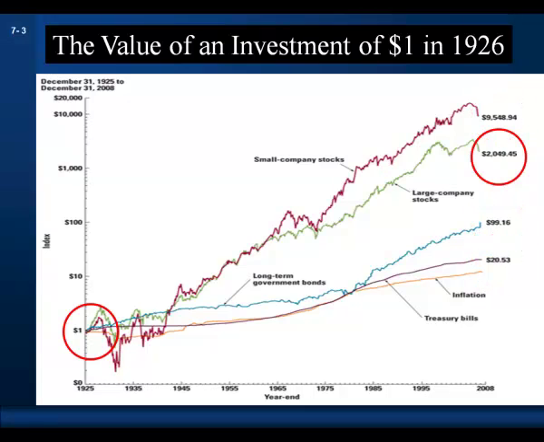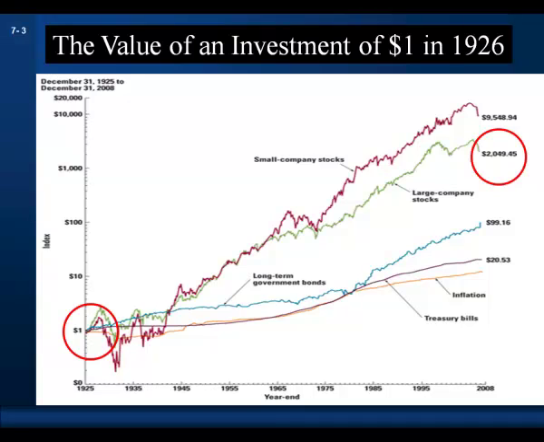If you invested $1 in common stocks in 1926, at the end of 2008, you would have $2,049.45. A holding period return of 2,049%. A geometric average return of 9.6%.